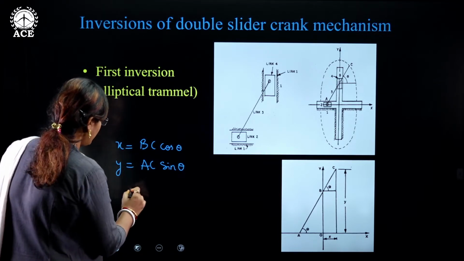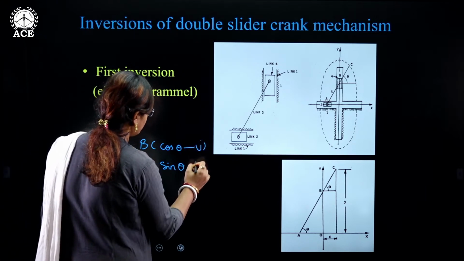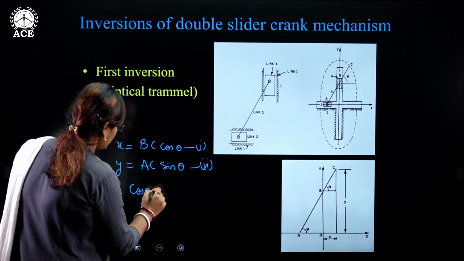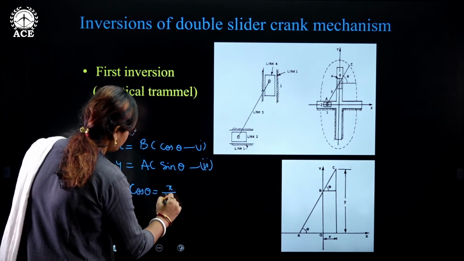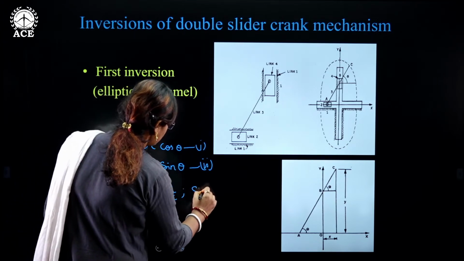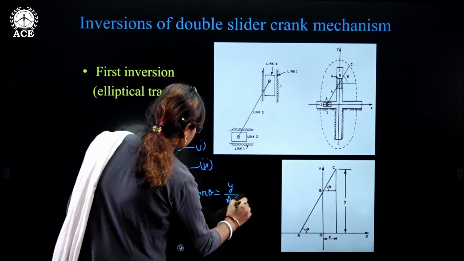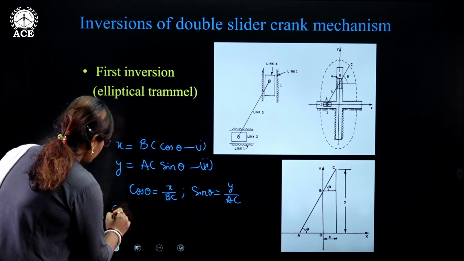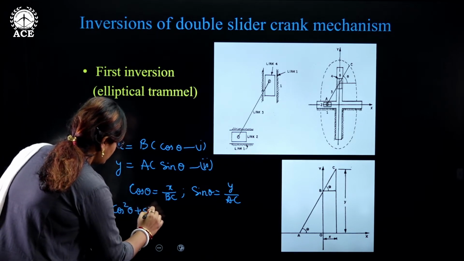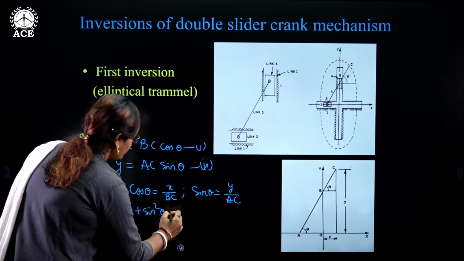Let us say this is the first equation, this is the second equation. So cos theta is equal to x by BC, and sin theta is equal to y by AC. We know that cos square theta plus sin square theta, if I square them and add them, what will happen?